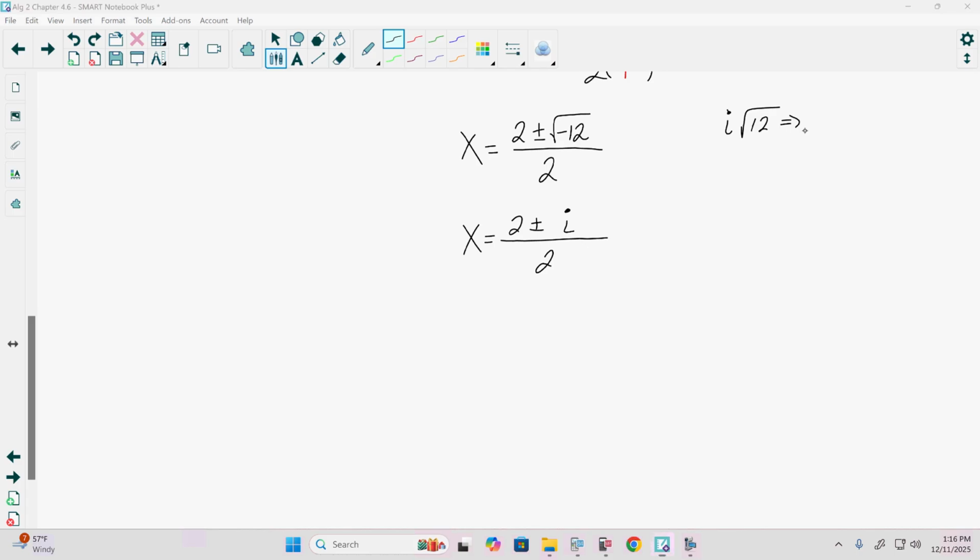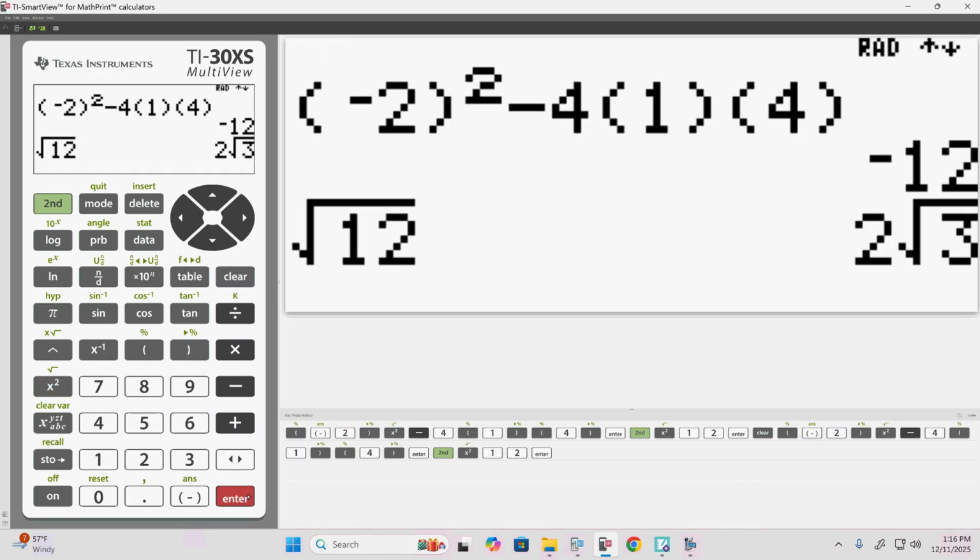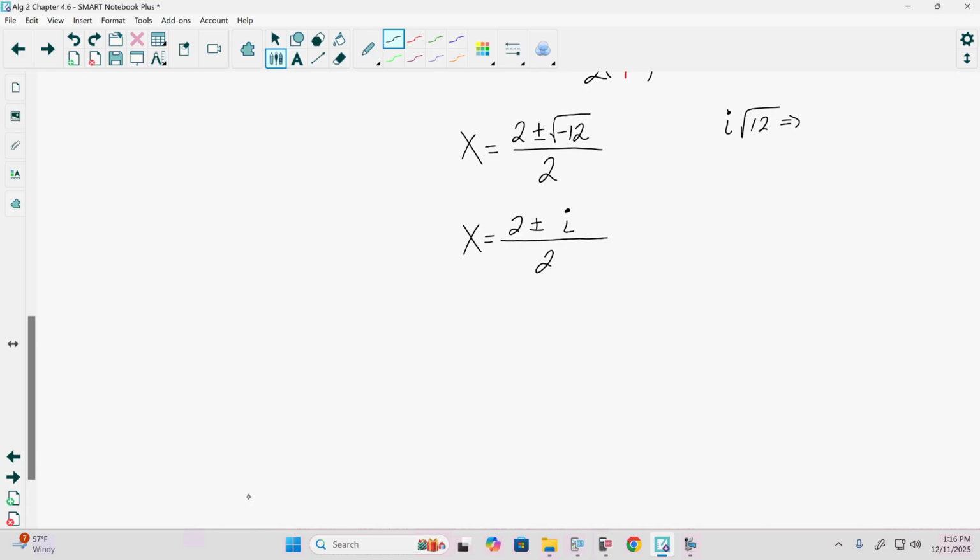Now the calculator, the TI-30XS, will take the square root of positive 12, which is 2 square roots of 3, which means for us that the square root of negative 12 should be 2i square roots of 3. We just have to take that kind of in-between step.